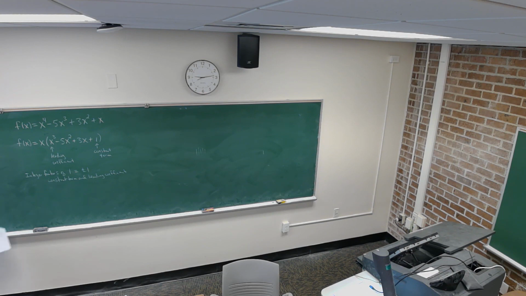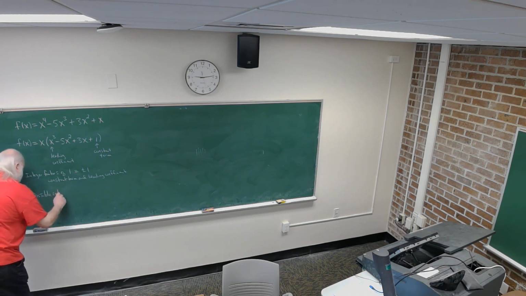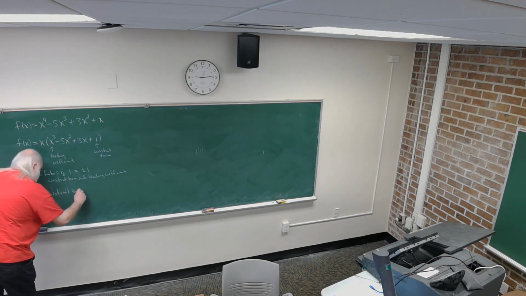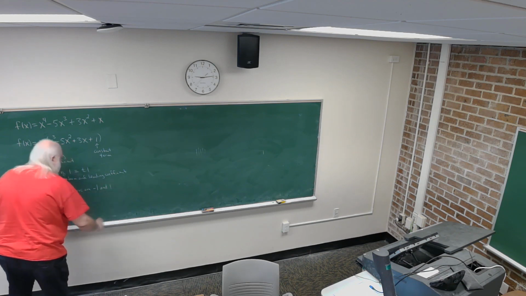So when you take the integer factors of the constant term divided by the integer factors of the leading coefficient, we just get plus or minus 1 again. So the possible rational zeros in this problem are minus 1 and plus 1.